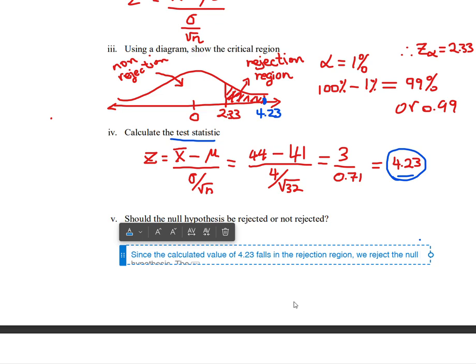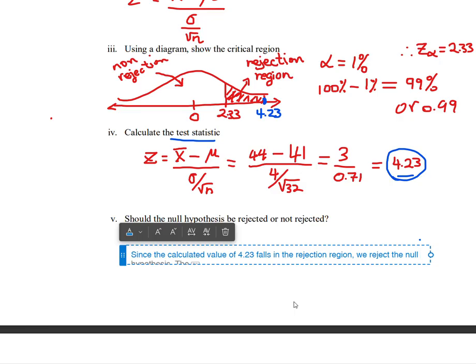Once the calculated value from the test statistic formula falls in the rejection region, your conclusion is going to be that you're going to reject the null hypothesis. But if the calculated value falls in the non-rejection region, such as if it was a value like 1, then you would not reject or fail to reject the null hypothesis.